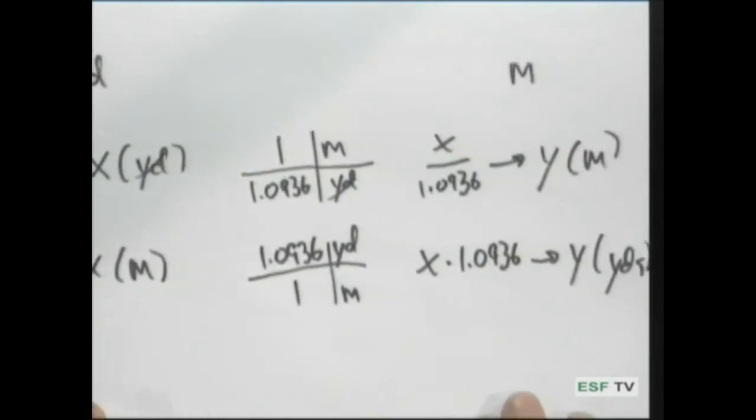Now that all sounds pretty straightforward, and so far there's no real advantage to doing it this way rather than just looking up the conversion factor in a table.